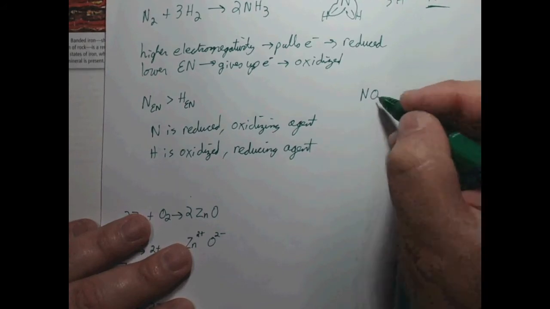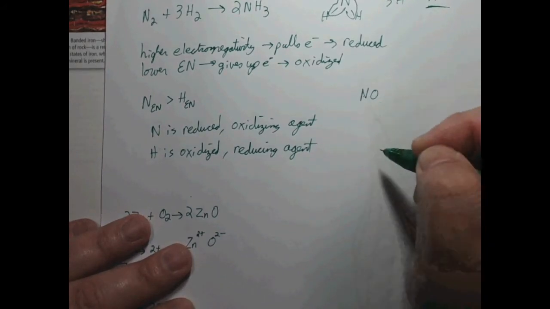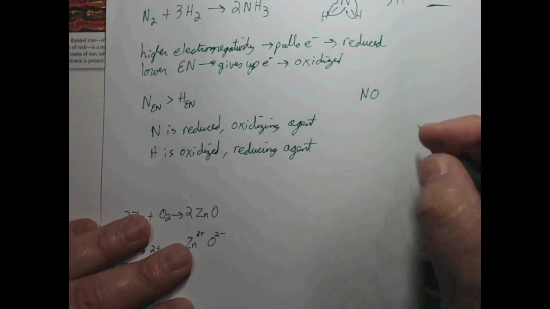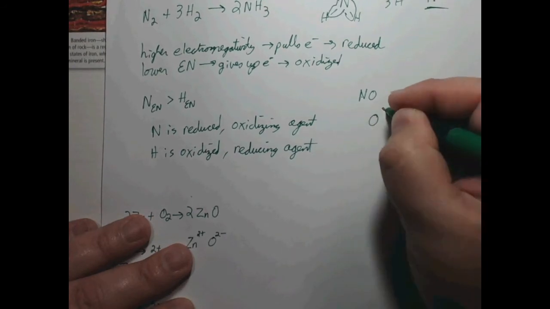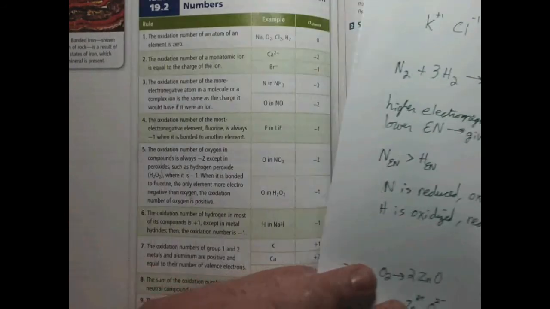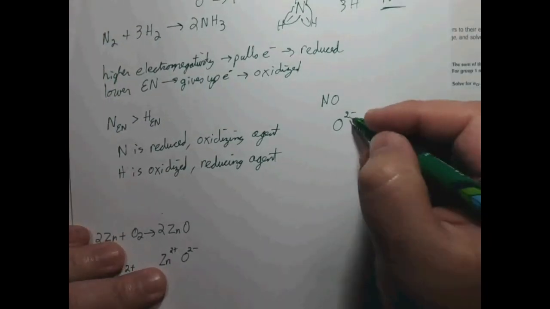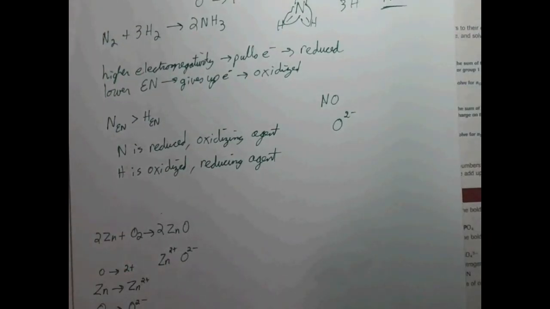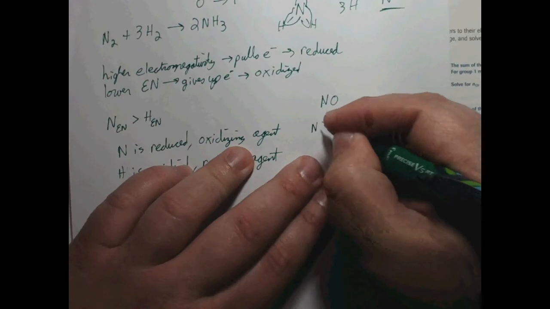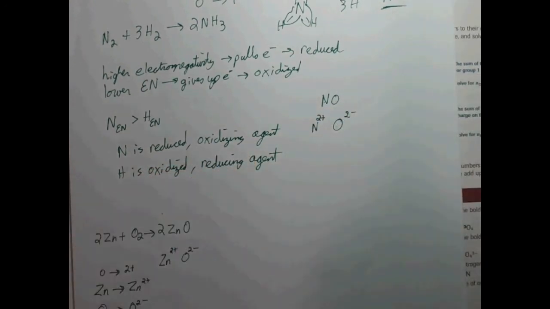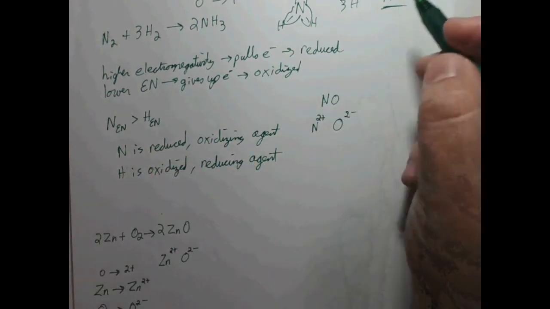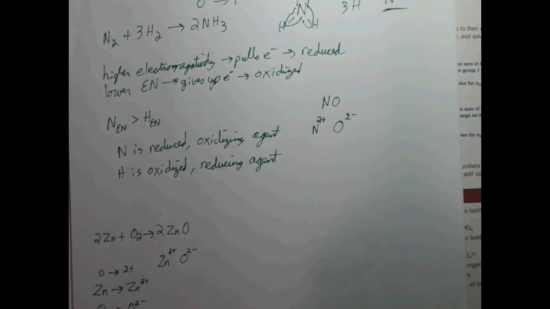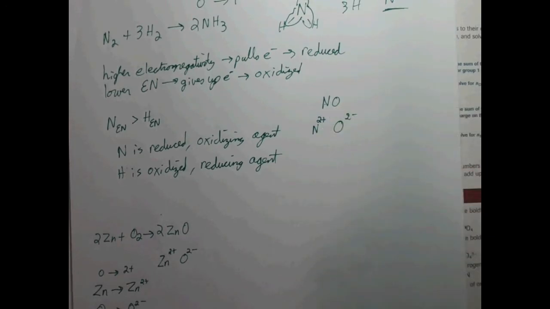So oxygen is going to be pulling from nitrogen, and how many is it going to pull? Well, it wants to pull 2. So oxygen is going to pull 2 electrons from that, meaning nitrogen here is going to be 2 plus, not 3 minus. Covalent molecules is where it gets kind of confusing. You have to look at which is the more electronegative.